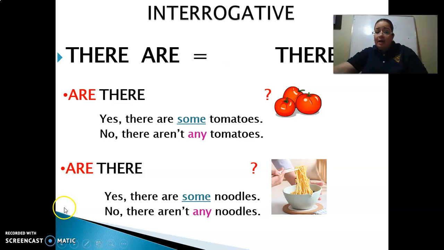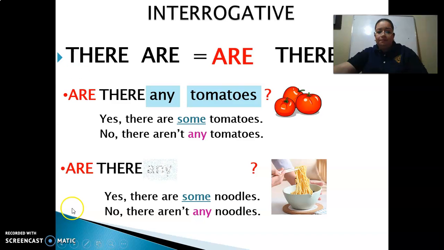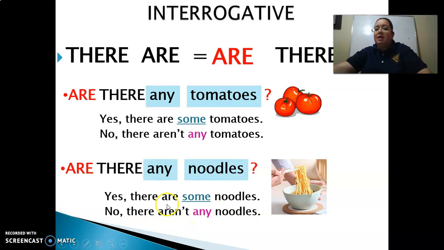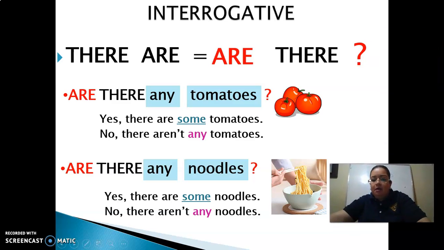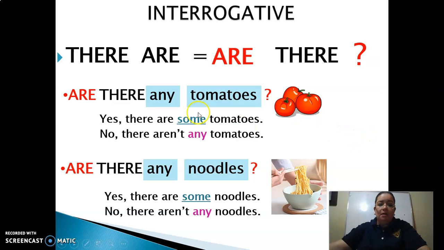Interrogative in plural, let's see it. Okay, there are in the affirmative. If we change it for a question form, we are going to start with are there. Are there any tomatoes? Positive answer, yes, there are some tomatoes.